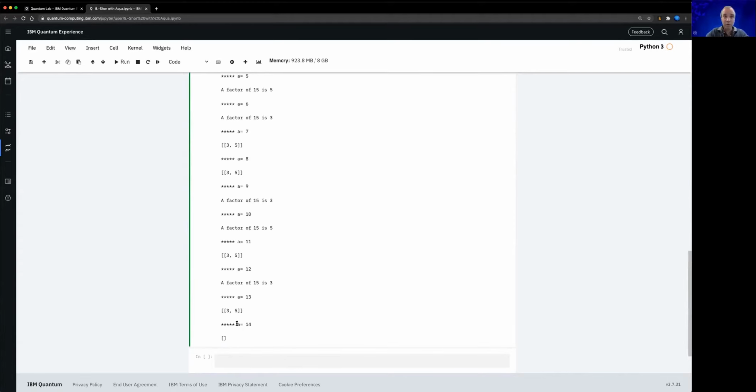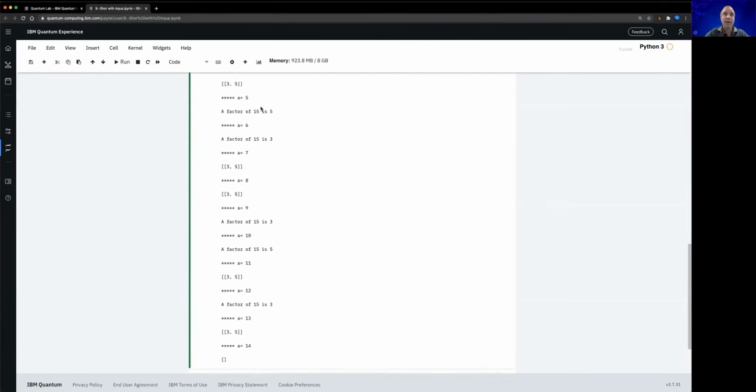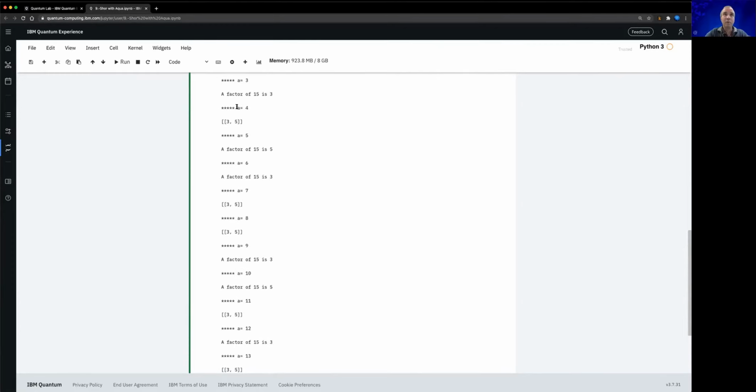What I want you to think about is why, in this case, when A is equal to 14, I obtain nothing. In this case, Shor's algorithm was not able to find the factors. And I want you to remember that in Quirk, we showed that the period of 14 and the period of 4 was exactly the same, was 2.